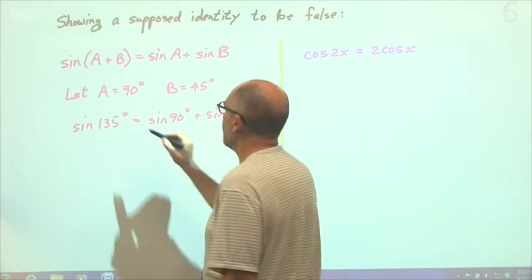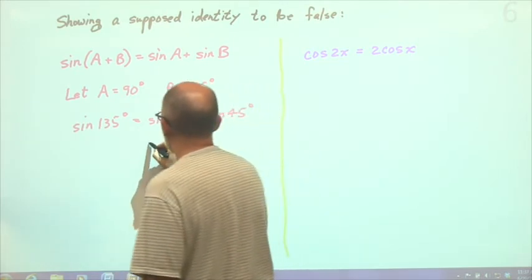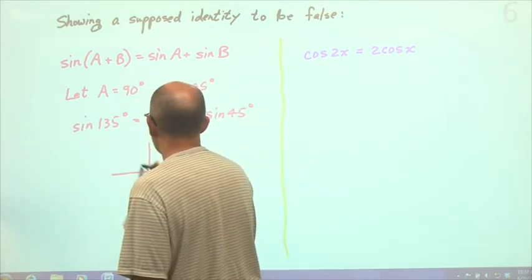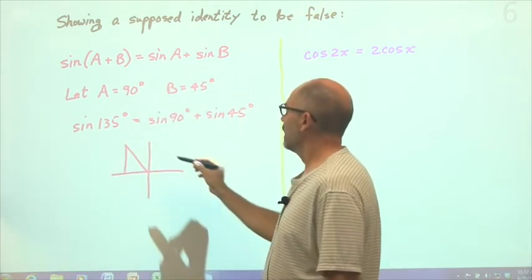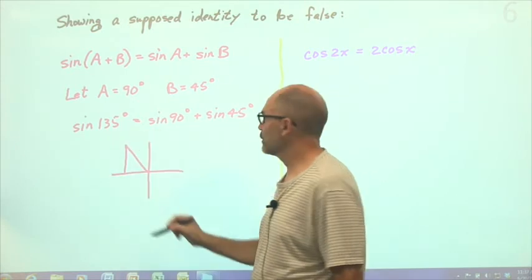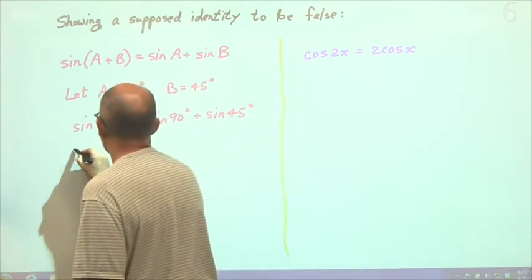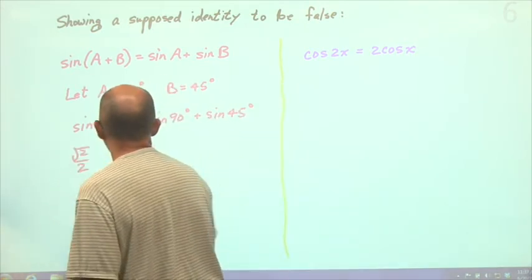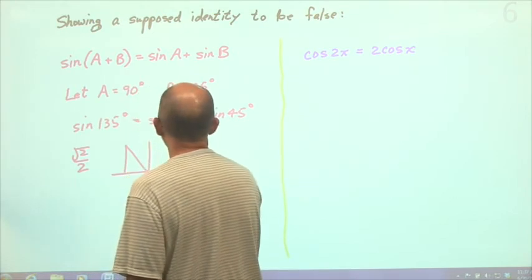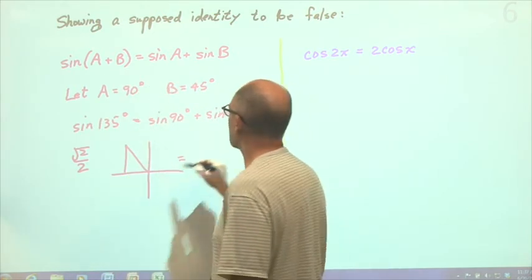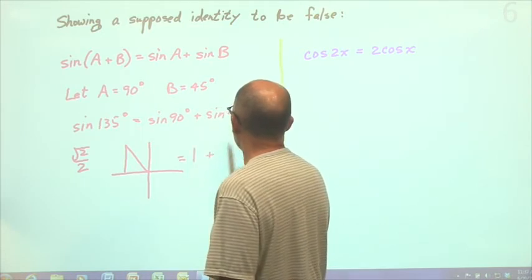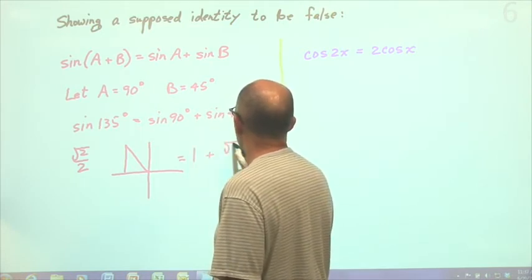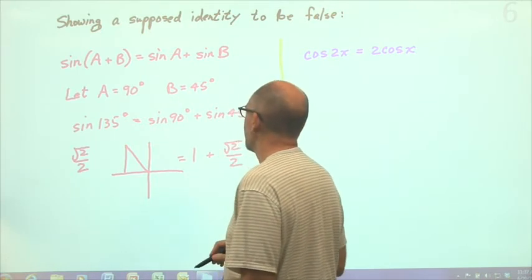Now remember, 135 is in the second quadrant. So sine of 135 is a positive square root of 2 over 2. And on the other side, sine of 90, well, 90 is straight up, so sine of 90 is 1, and sine of 45 is square root of 2 over 2 also.